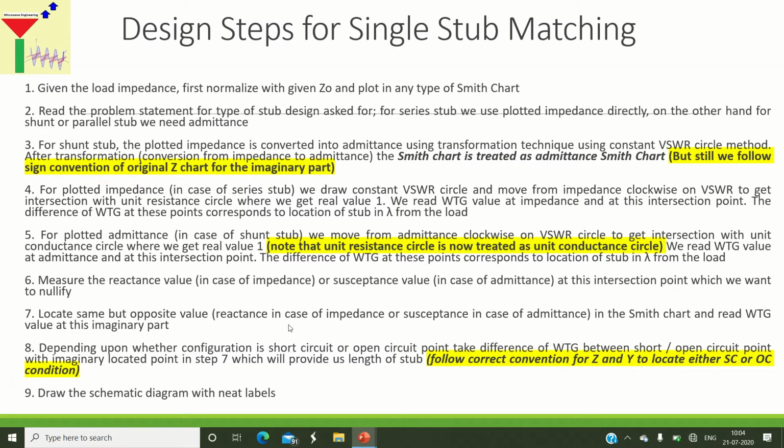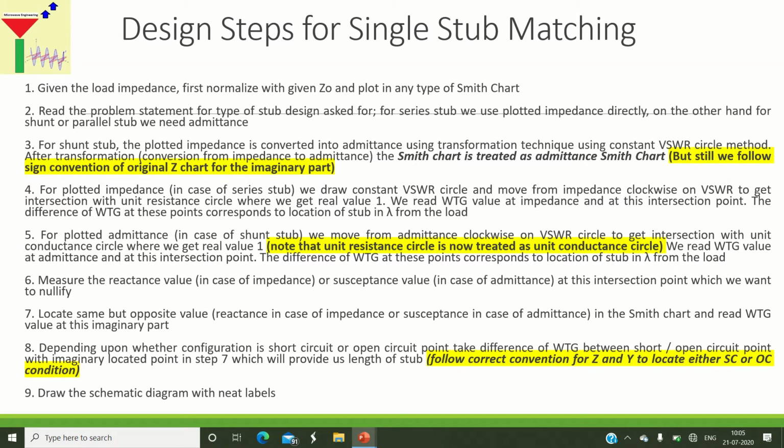Next, in order to find the location of either a series stub or a parallel stub, we will start moving on the VSWR circle, always in a clockwise direction, so that we will get an intersection with either the unit resistance circle in the case of designing a series stub, or the unit conductance circle whenever we are designing a parallel stub.